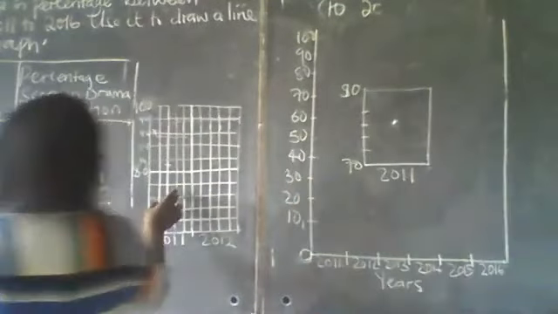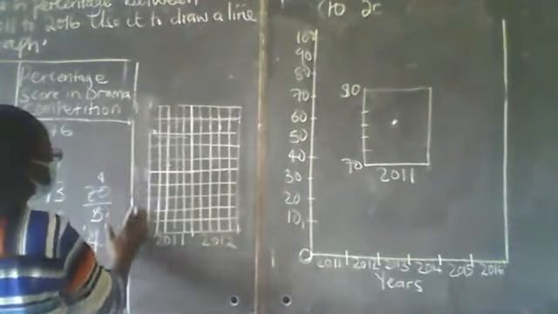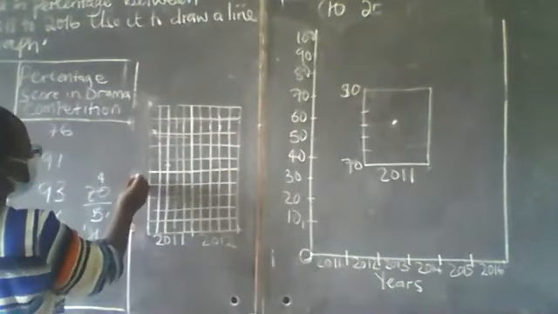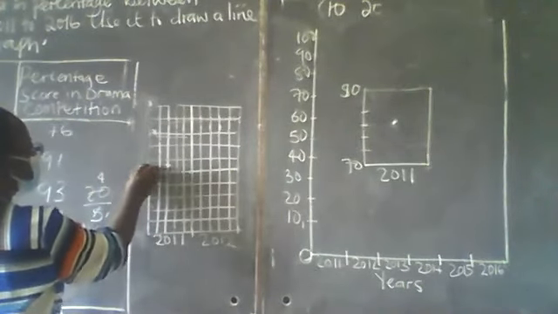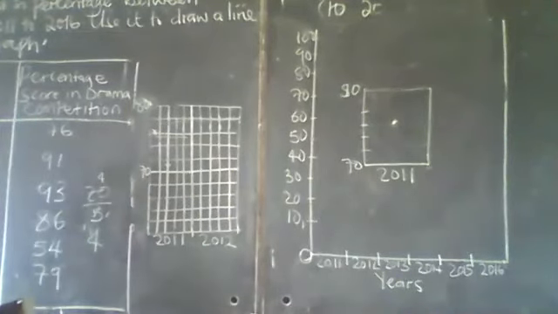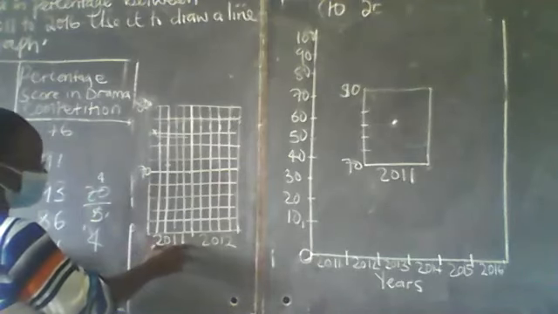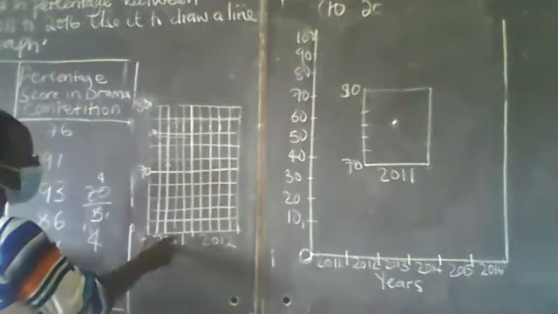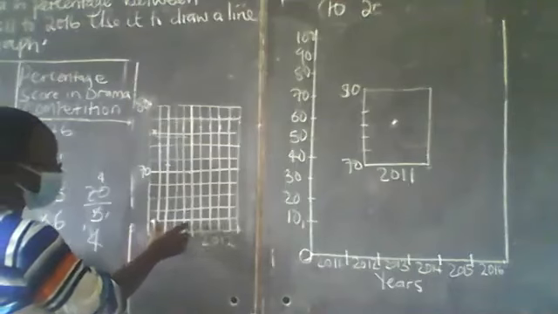Oh, you want me to use this one? Yes. So if, for example, this is our 70, and then this is 80, okay? On our graph paper, we have our 2011 here. So we're saying 1, 2, 3, 4, 5.